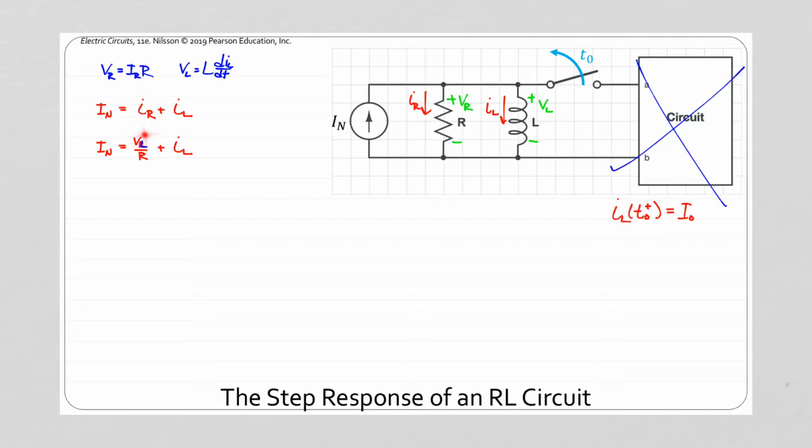And I can take the voltage across the inductor, and I can write that in terms of the inductor current. And so here I've derived a differential equation. The Norton current is a constant. L and R are constant values, and I have a differential equation for my inductor current.